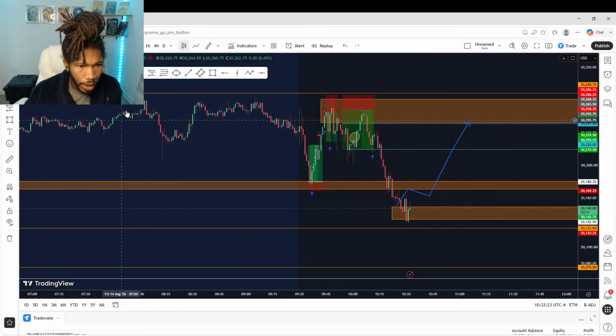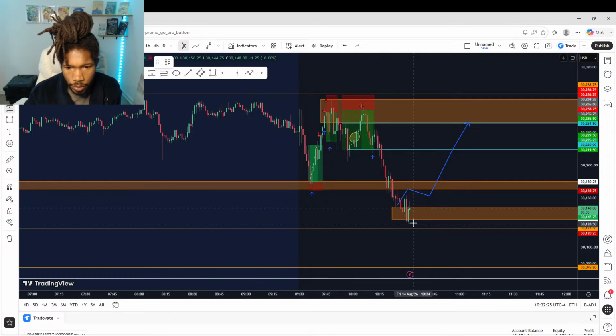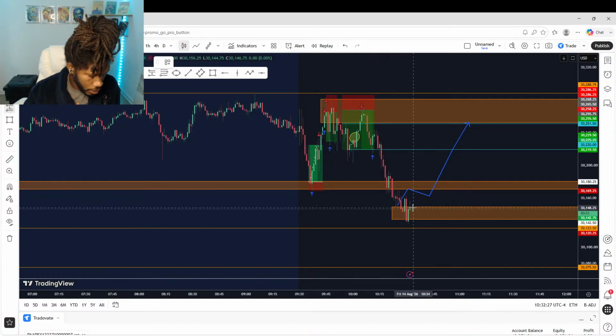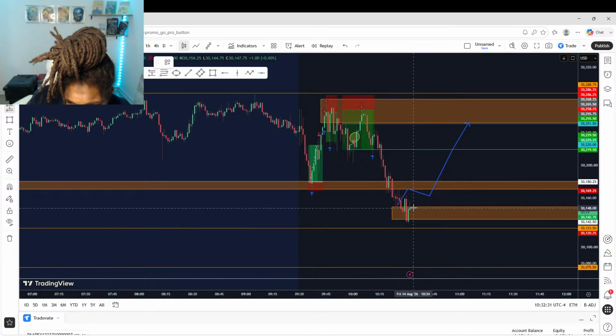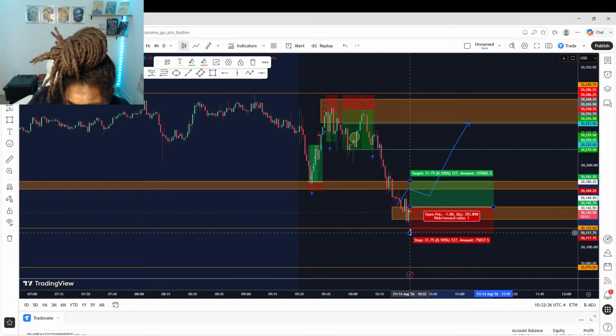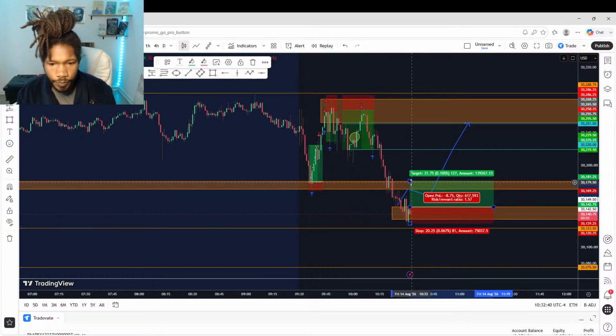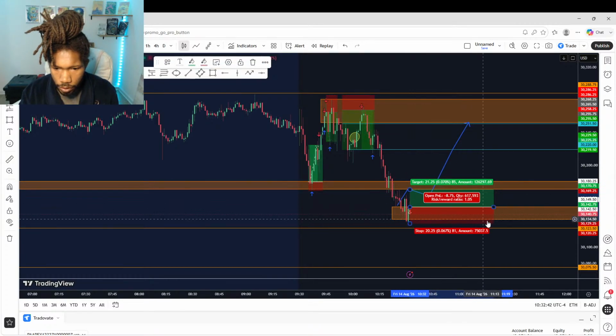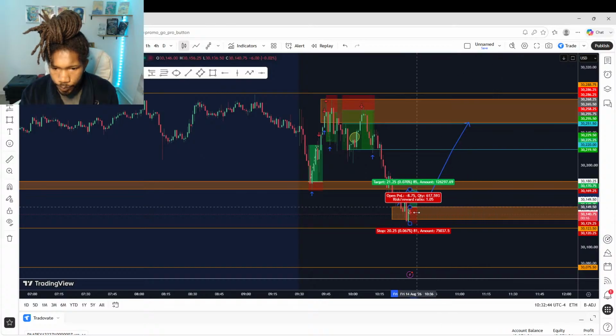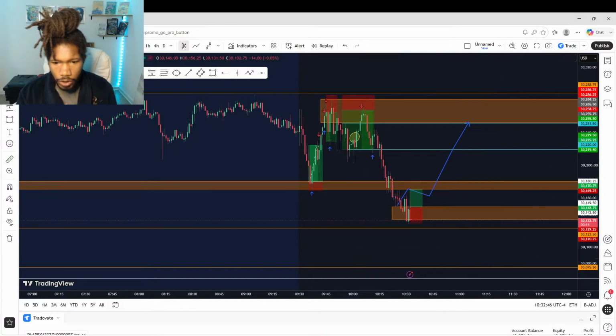This looks like an entry to the upside. We already got a break above. You can get a nice little break above. So what's that? A 1-to-1.